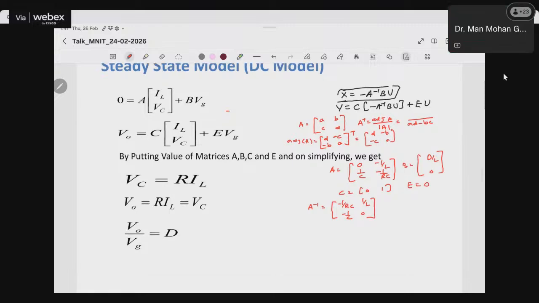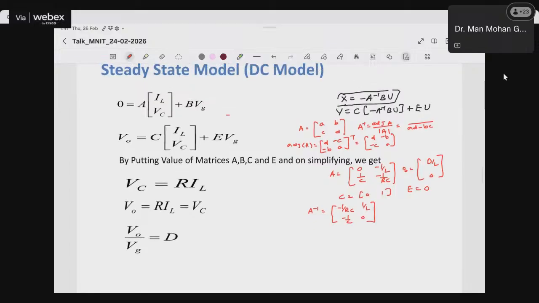Now X, that is IL and VC, is equal to minus A inverse B U. So minus A inverse is with us. Now minus 1 by RC, 1 by C, 0. B is D upon L, 0. U, what is the value of U? U is just Vg, right?